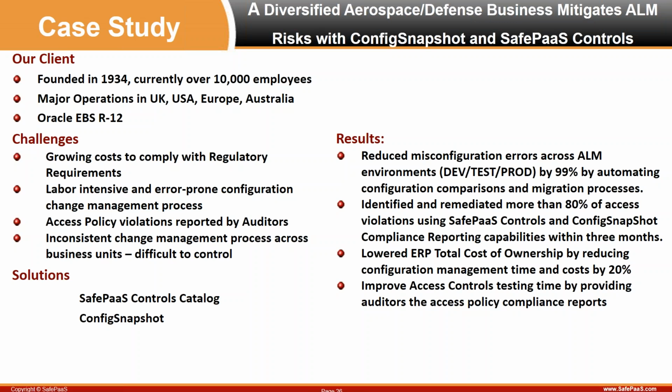Overall cost has gone down because of the first two points, right? Because they're using more automation, they don't spend as much time doing manual configuration and review, because it's mostly done through the ConfigSnapshot tool, leveraging some of the access controls that we provide them as well. And the auditors are happy, which is a good check mark to have on your business.